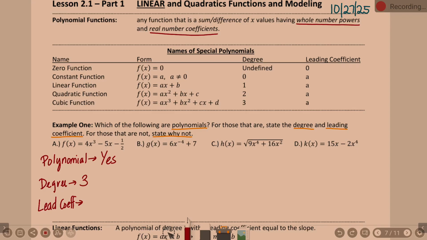That's the 3, the biggest power. Now, if you were asked for a word, what word would we use to represent degree 3? It is a cubic function, looking at the chart up above. And what's my lead coefficient? 4, because it is that number out front of the x cubed.